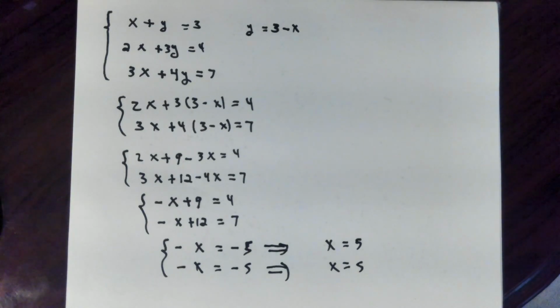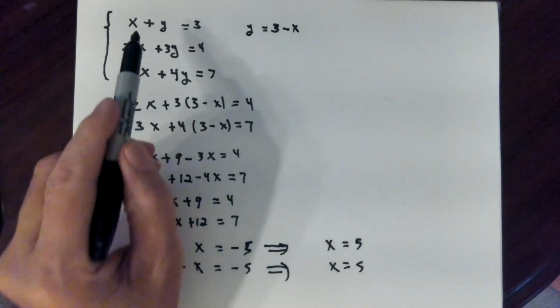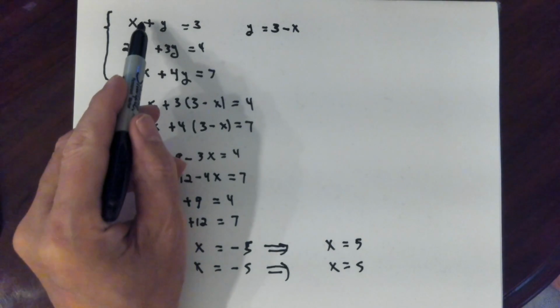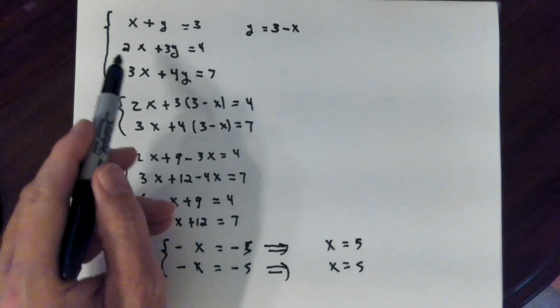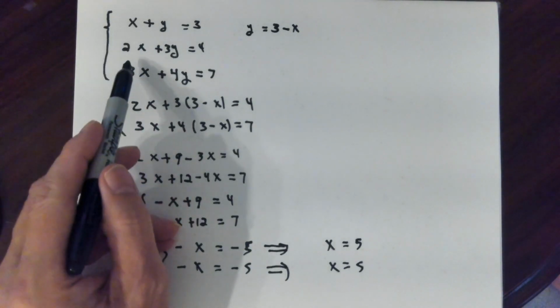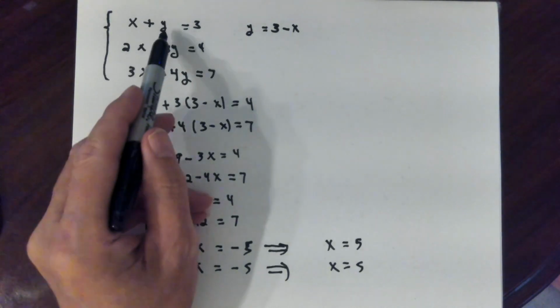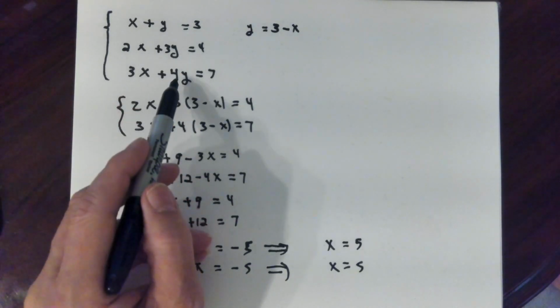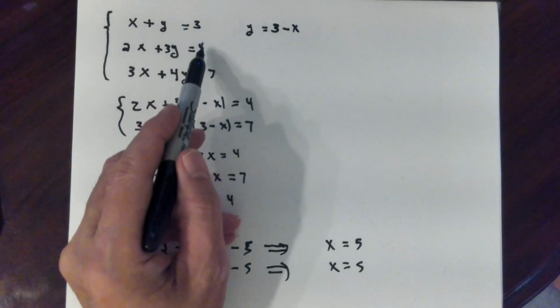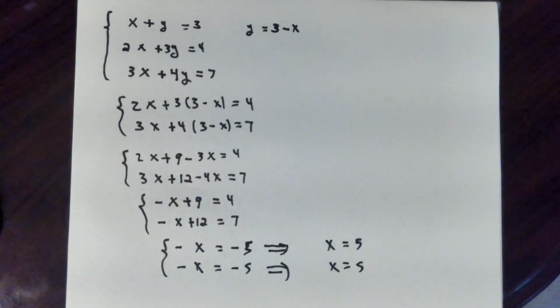If you look at the system of equations, add the first two equations together: x plus 2x is 3x, y plus 3y is 4y, and 3 plus 4 is 7. If the first two equations are true, the third one is automatically true because it's just the sum of them.